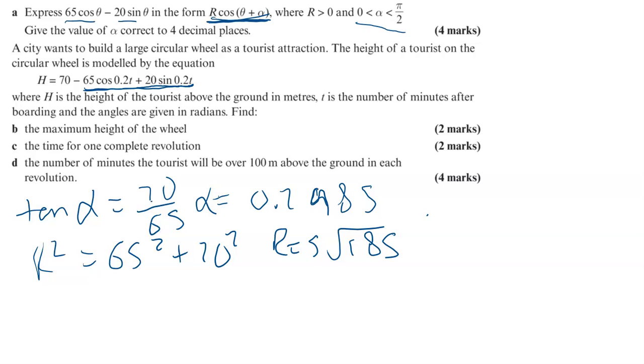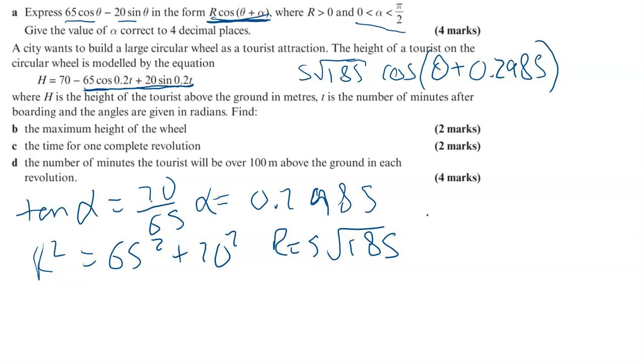It does say express in the form, so it wants us to rewrite it. So it's going to be 5 root 185. The fact that it doesn't say give r to a certain degree of accuracy is because we can do it exactly, so please do. Okay, so r cos of theta plus 0.2985. Right, that's part A sorted.